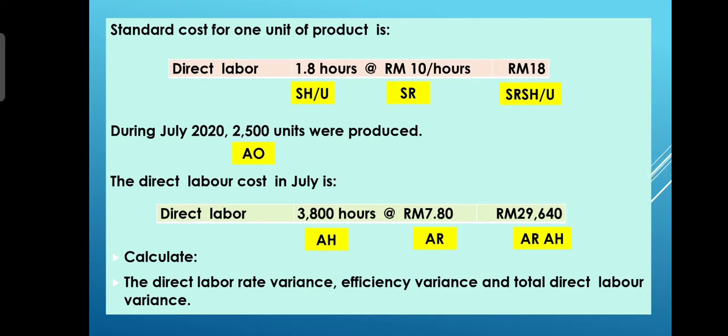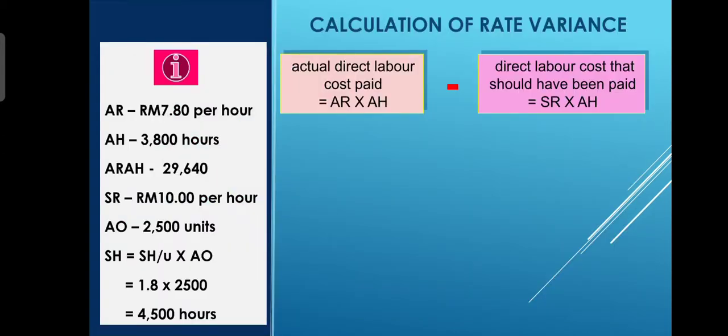First, we will calculate the rate variance and then efficiency variance and then total direct labor variance by using this question. Rate variance is actual direct labor cost paid minus direct labor cost that should have been paid.